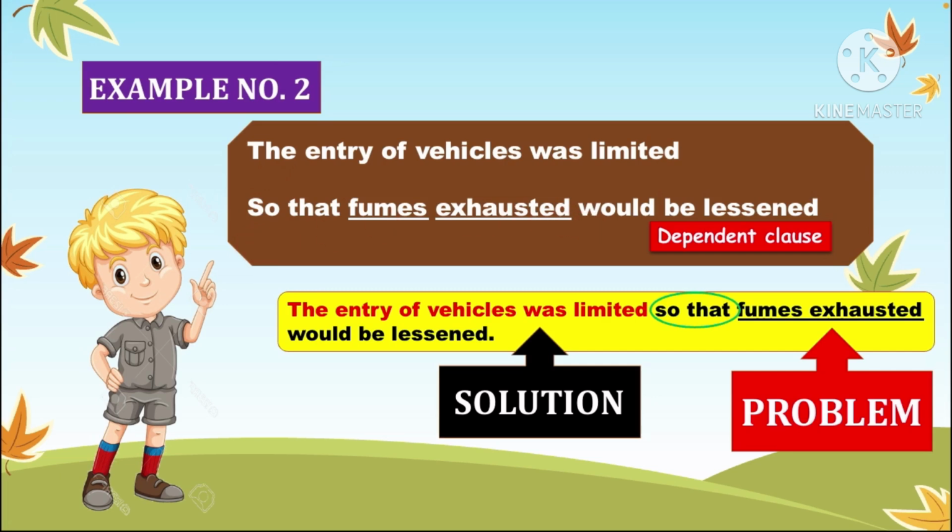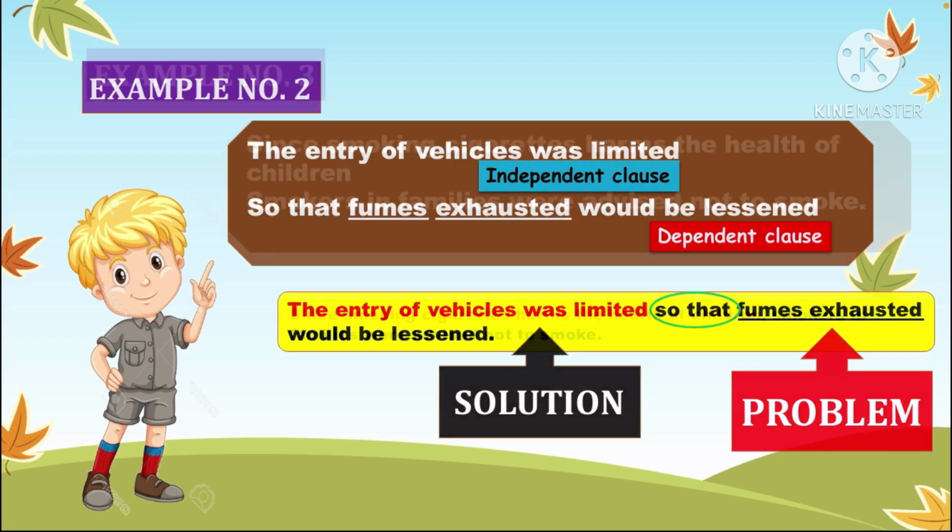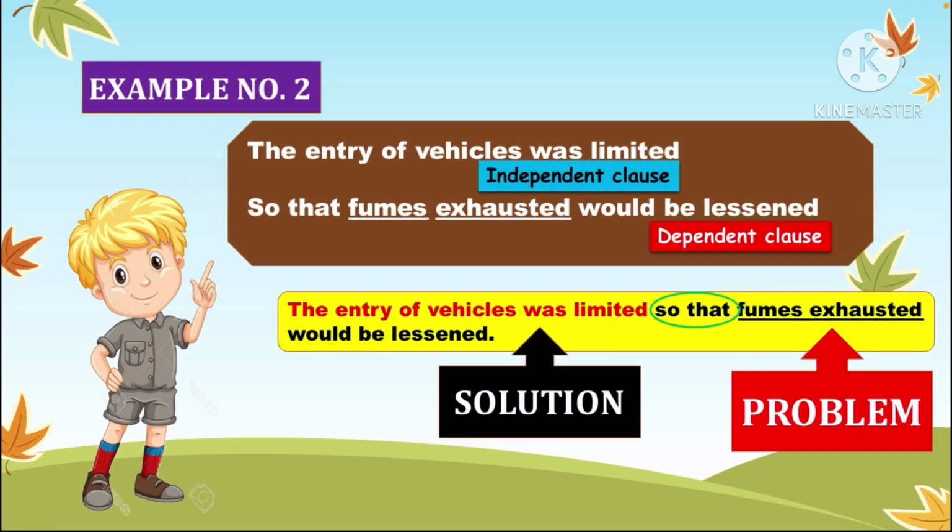It lacks a complete idea, while the first clause is an independent clause because it can stand alone and it has a complete thought or idea. So in here we have the solution. The entry of vehicles was limited, and here the problem is fumes exhausted.